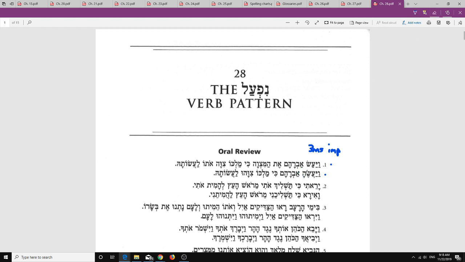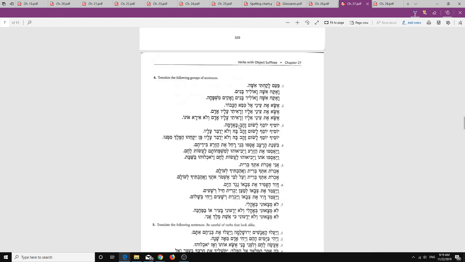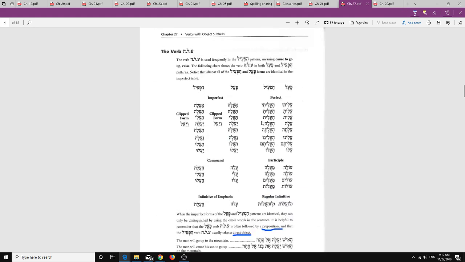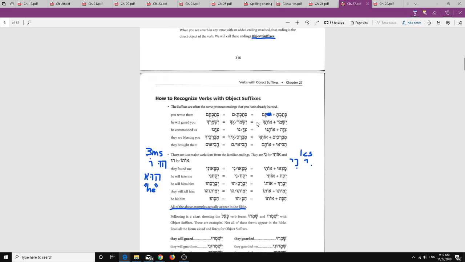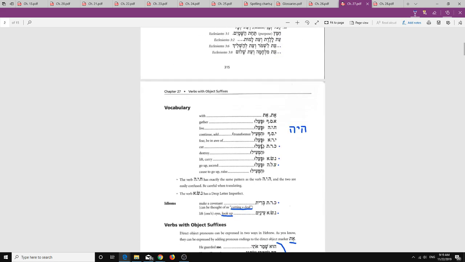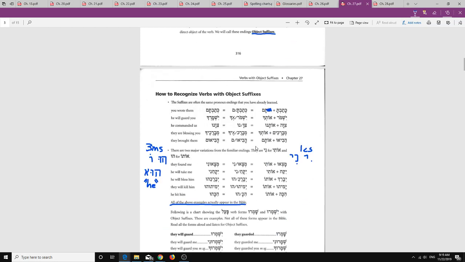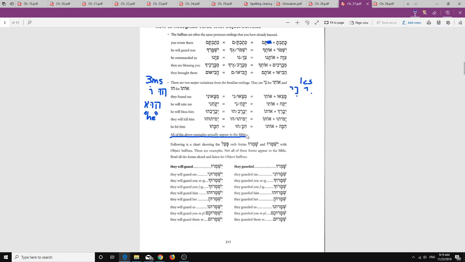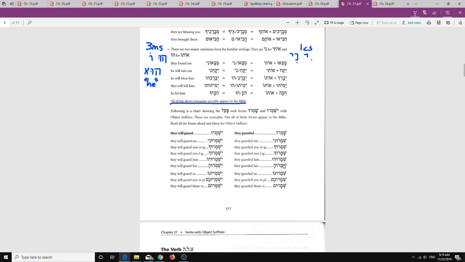Because when the pronominal suffix attaches to a verb, for whatever reason, the qamets comes after the hey. And we saw that in the last chapter. I don't know that I explicitly pointed that out, though, so let's go back up and see if we can find the paradigm. I guess there wasn't a paradigm, strictly. Here we go. So here we have it right here.